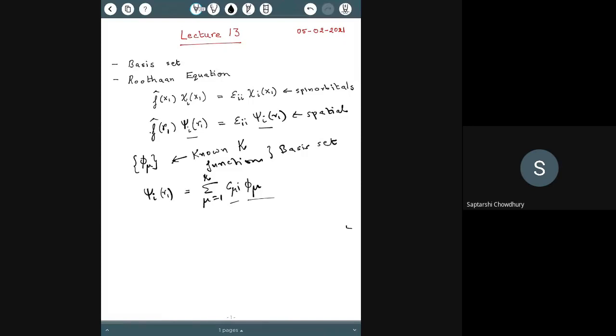As you know, with a complete set of basis functions, you can represent any function. However, in practice, you can never have an infinite set. So you will always have a finite set, let's say with k, and then the accuracy of my psi i will be determined by this value.